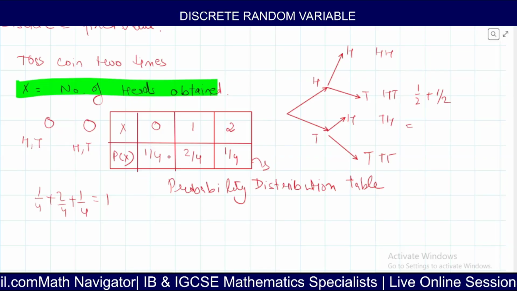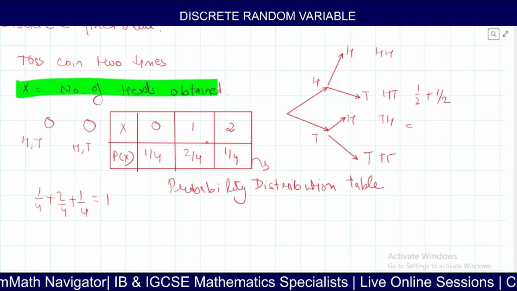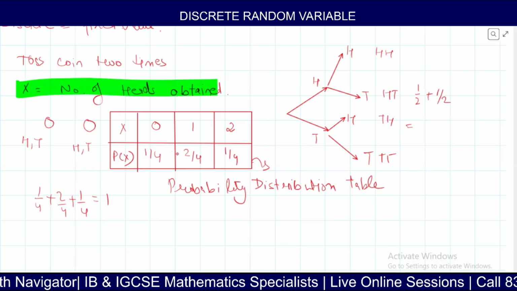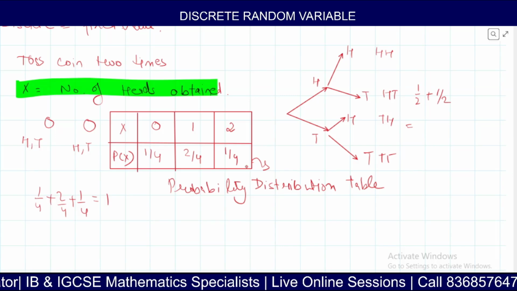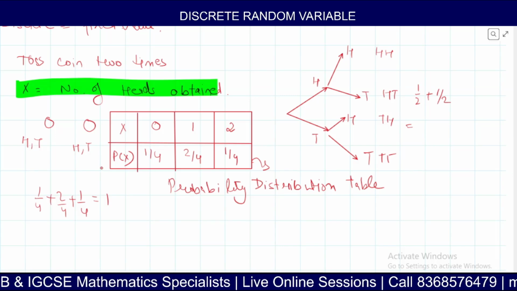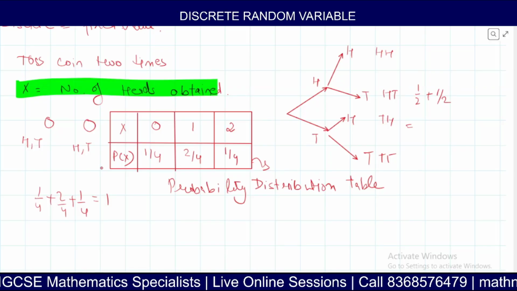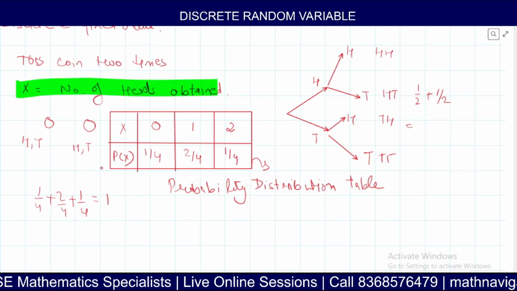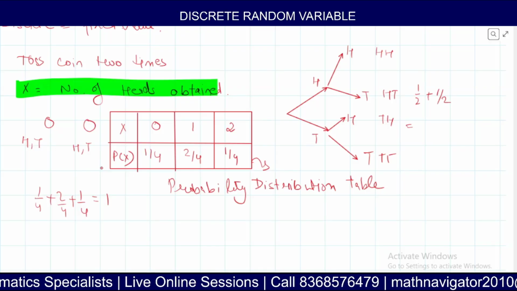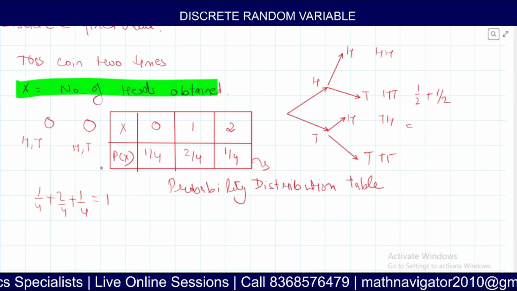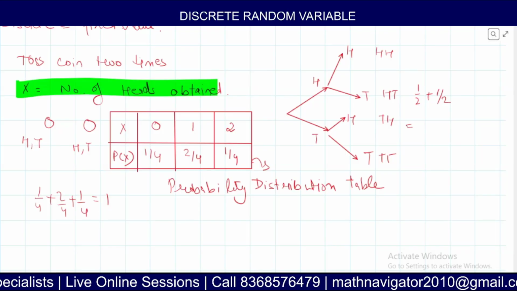Mode is the highest probability. So in this case, my mode is 1. And median is the middle value. If you have the probability, then you can find it. How do we find it? When we do the question, you will understand. So I hope it is clear what is a discrete random variable and how do we construct a probability distribution table.